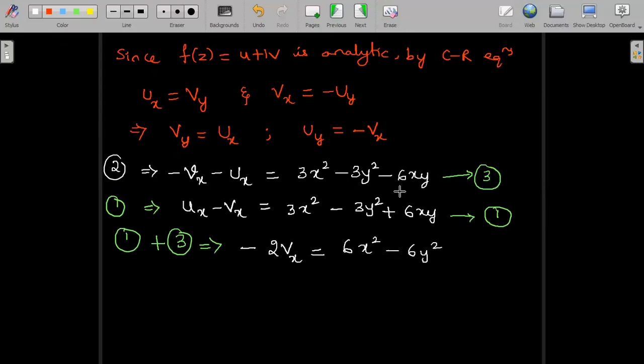And we observe plus 6xy and minus 6xy get cancelled. We are adding equations 1 and 3 to obtain this expression. Now what is Vx from this then? Solving this expression, dividing throughout by minus 2, Vx is equal to minus 3x square plus 3y square. We'll be in need of this later.